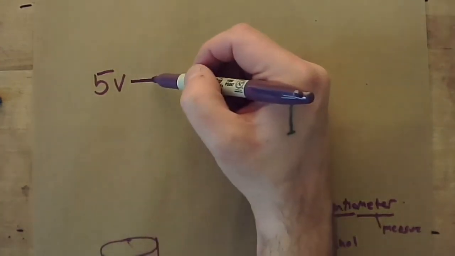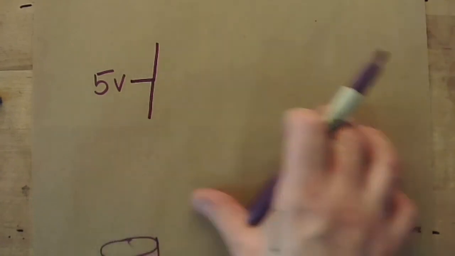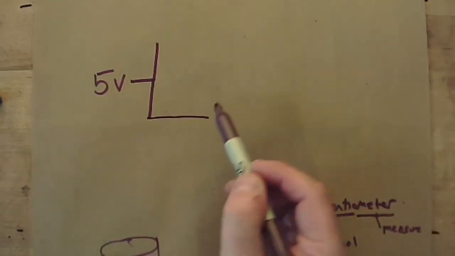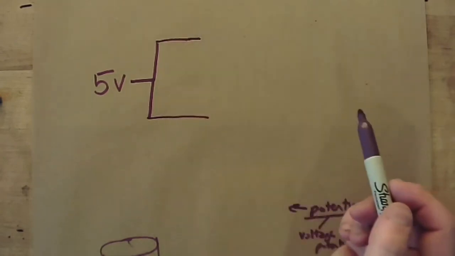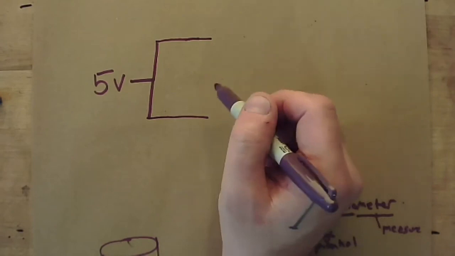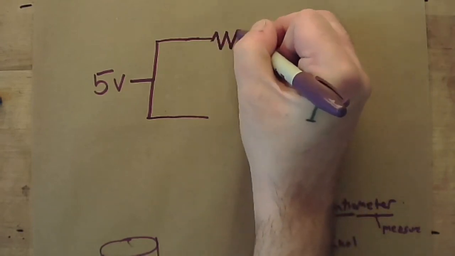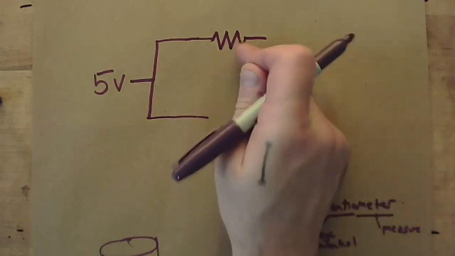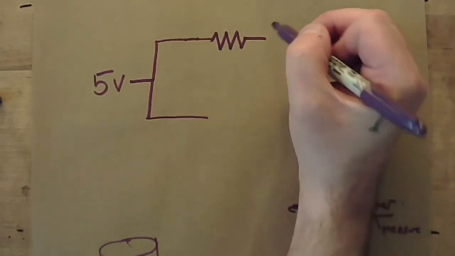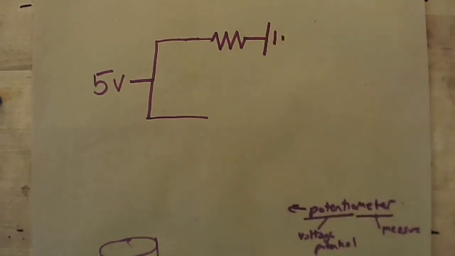That 5 volts is then split into 2 different paths, one of which is going to pass through a resistor. This is the symbol for a resistor, and go to ground, which this is the symbol for ground.